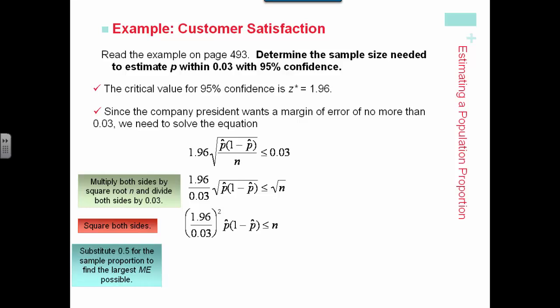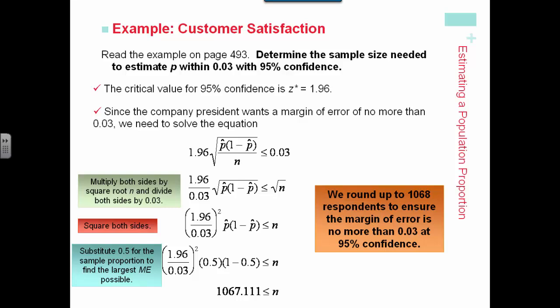Substitute 0.5 for the sample proportion to find the largest margin of error possible. We round up to 1,068 respondents to ensure the margin of error is no more than 0.03 at 95% confidence.